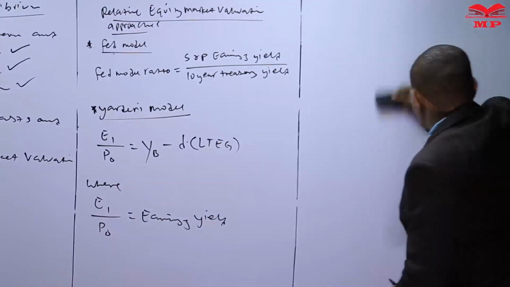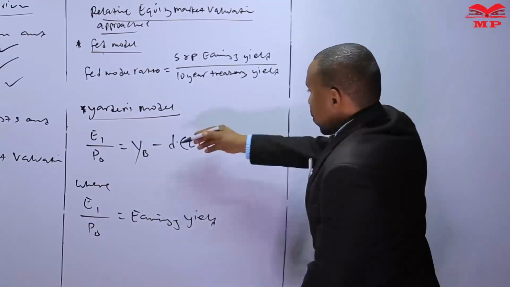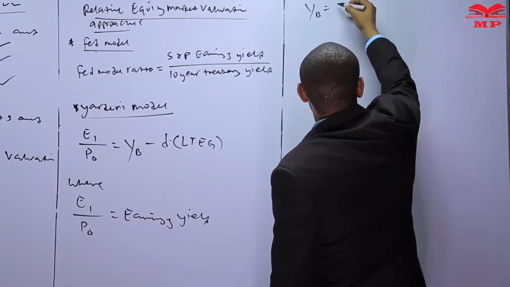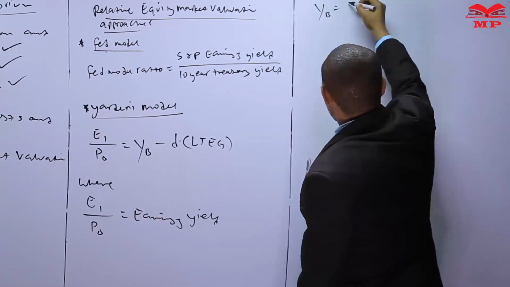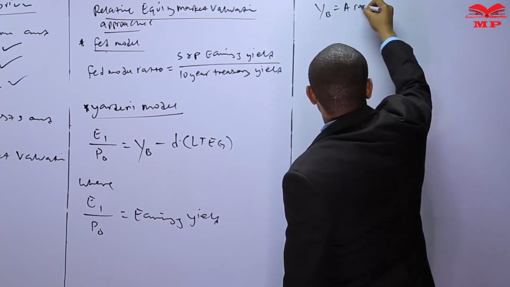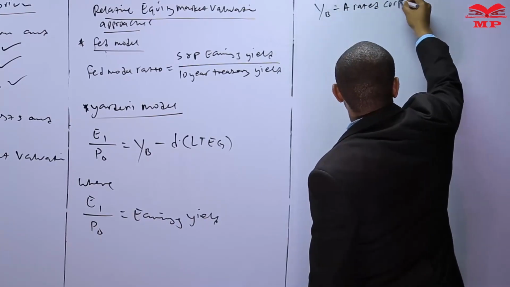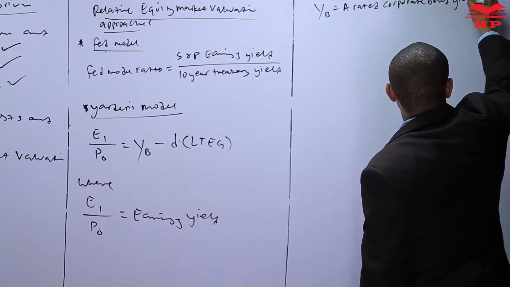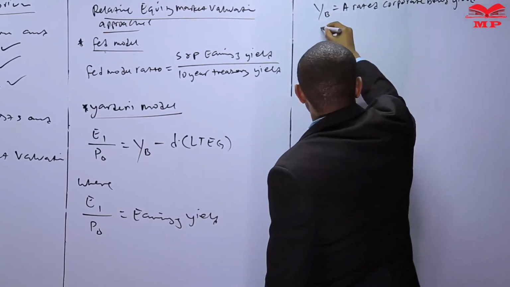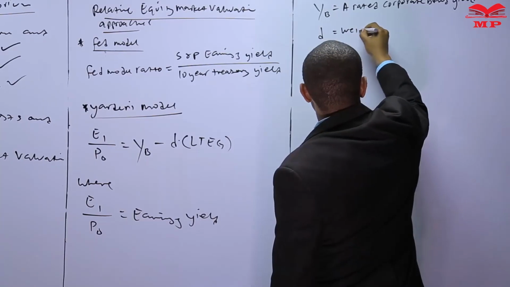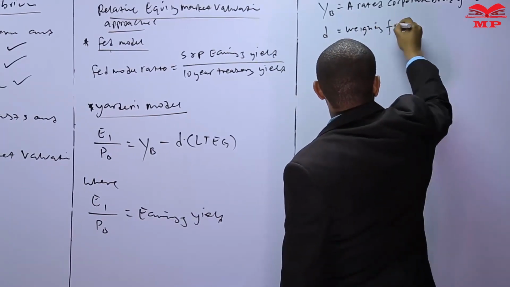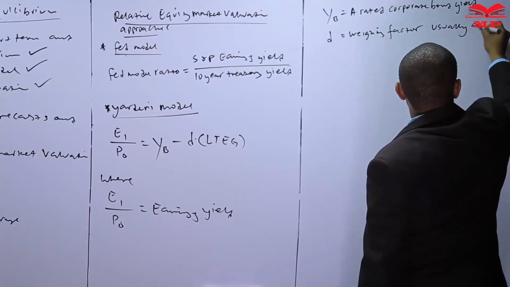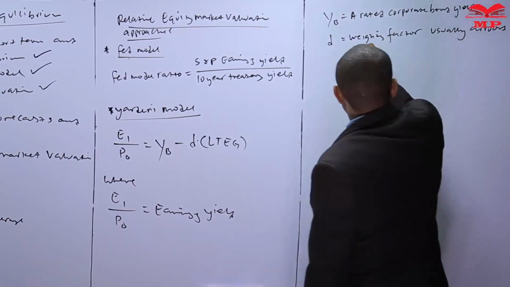Now the YB is the A-rated corporate bond yield. D represents a weighting factor, usually around 0.10.